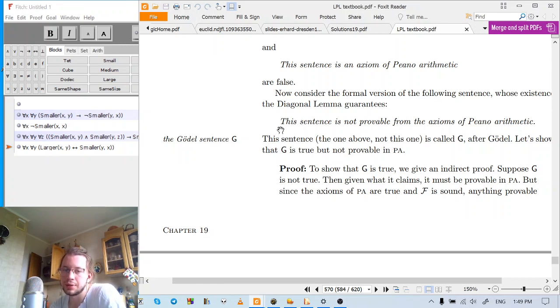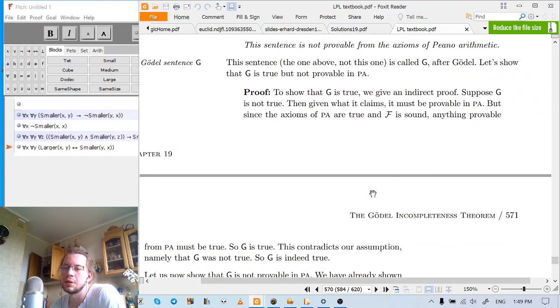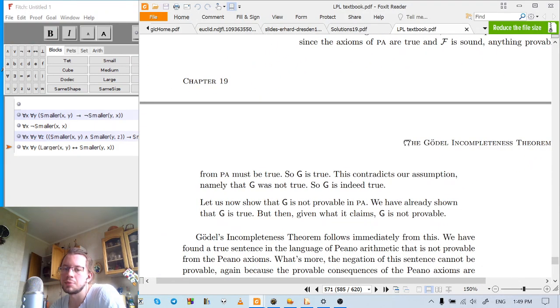Then, given what it claims, it must be provable from the axioms of P&R arithmetic. But since the axioms of P&R arithmetic are true and the system is sound, anything provable from it must be true, so that contradicts our assumption that it was false. So G is true.